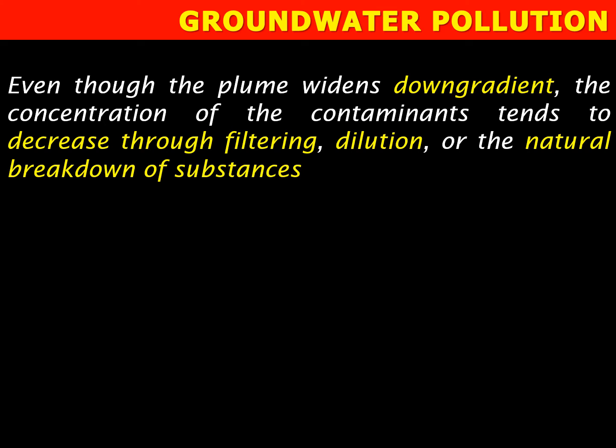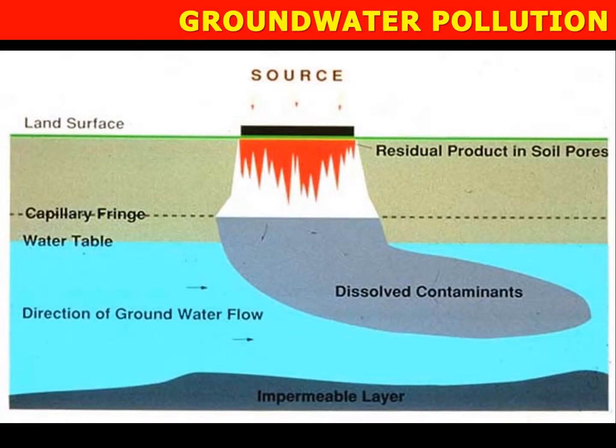For your information, soil is one of the best natural water filter systems. This figure shows what happens to the pollutants once they enter the groundwater from a point source. After reaching the groundwater, the pollutant will be spread. And normally, the pollutant will be diluted by water once they reach the groundwater.